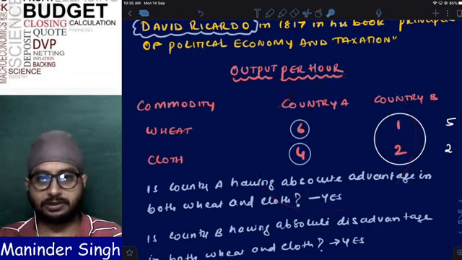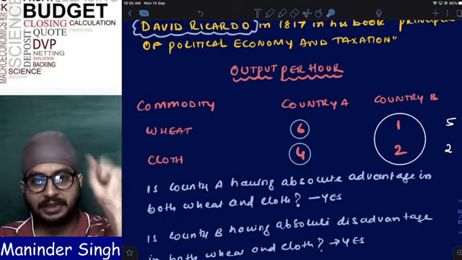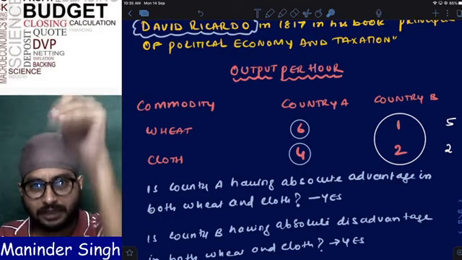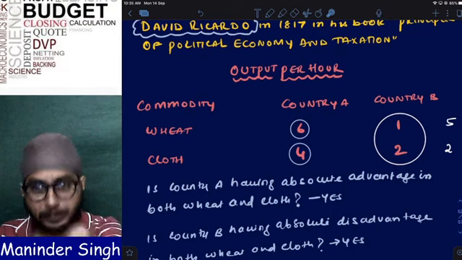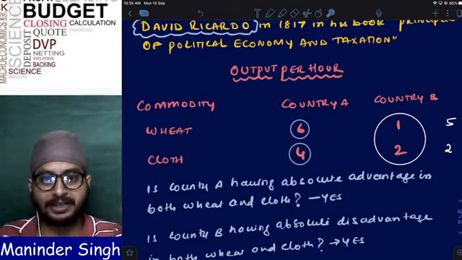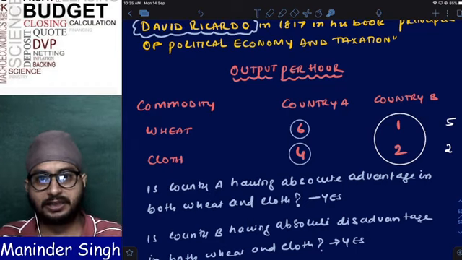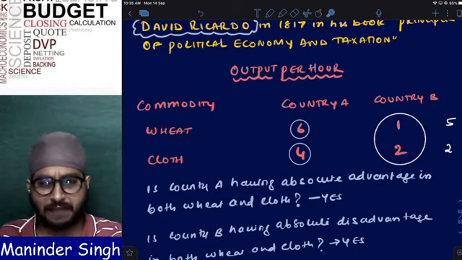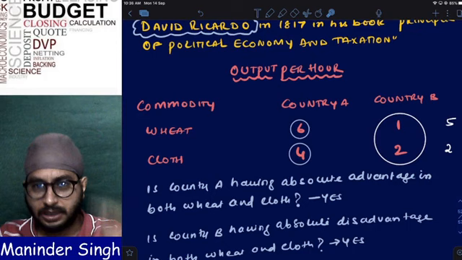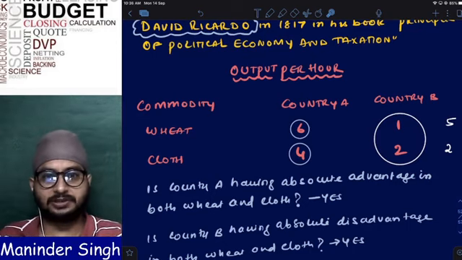Difference number one, in mercantilist I am taking all your precious metals, and I am making you financially weak. I am completely exploiting you. In this case, am I exploiting you? No. There I am taking precious metals, here I am taking cash. There is no import or very minimum import. And here import is also there, export is also there.